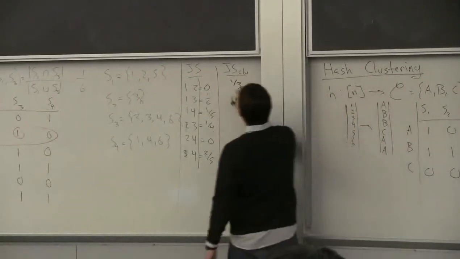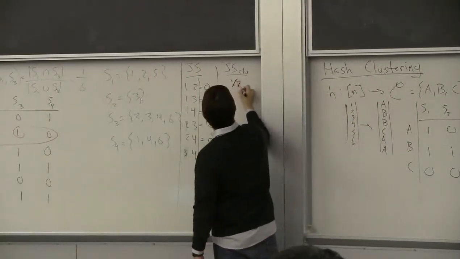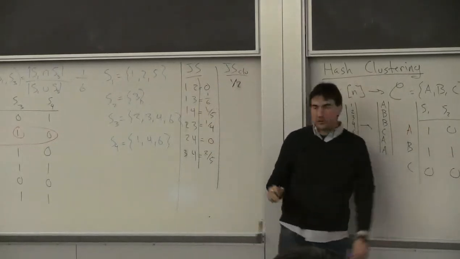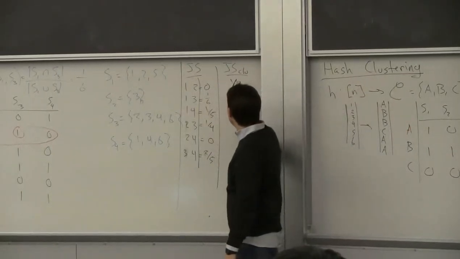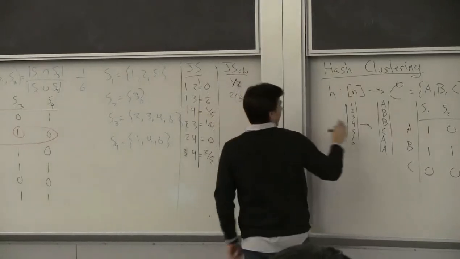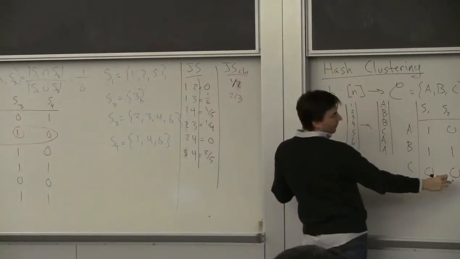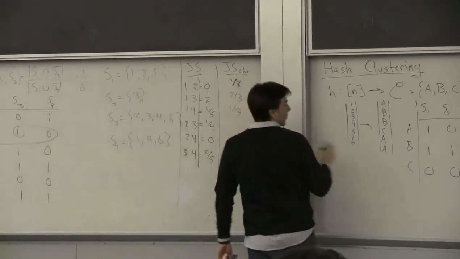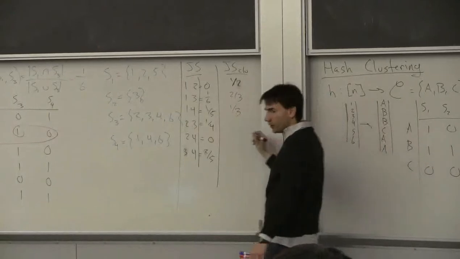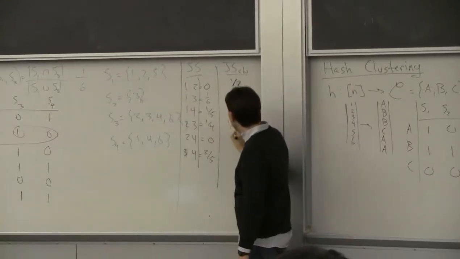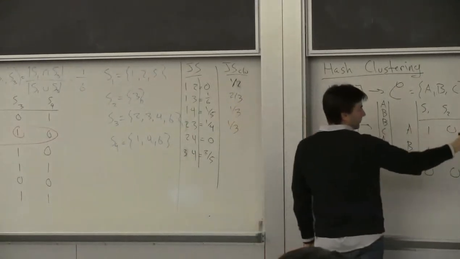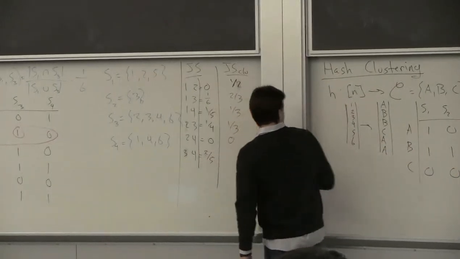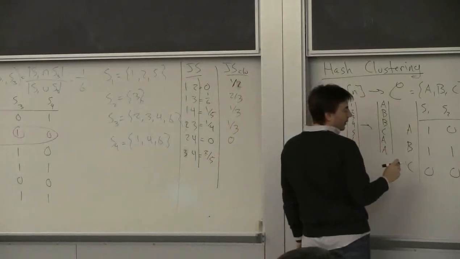Oh no, 1/2. 1 and 3, it's going to be now 2/3 instead. 1 and 4, now I have 1/3. 2 and 3, I'm going to have 1/3. 2 and 4, going to have 0 again. And 3 and 4, I'm going to have 2/3.